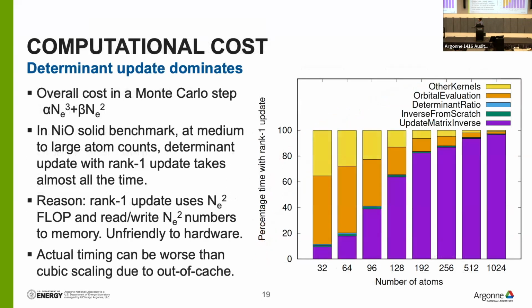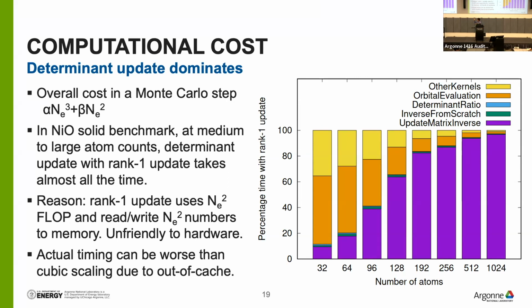Okay. So apart from just porting the existing code to the GPU, we actually revisited the algorithms, because we did some study to see the computational pattern. So overall, if you work on paper and pencil, you figure out the computational cost is n cubed plus n squared.